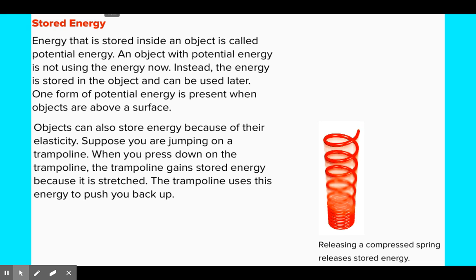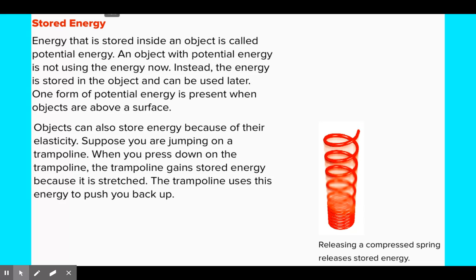When the object is at rest, it is not moving. That means it has potential energy. An object with potential energy is not using the energy at that time. Instead, the energy is stored in the object and can be used later.